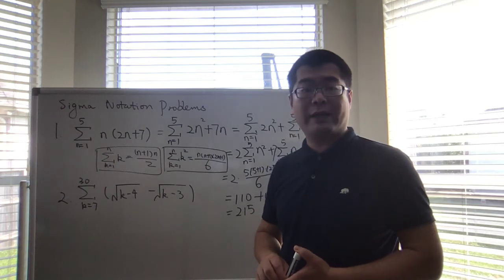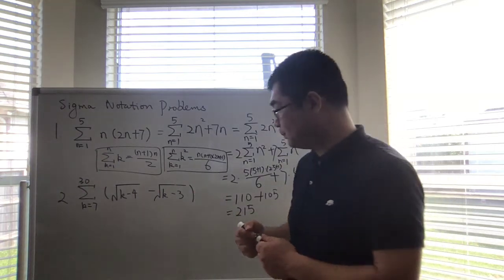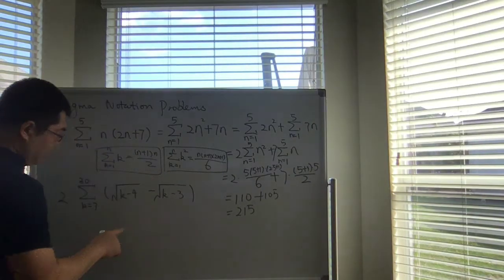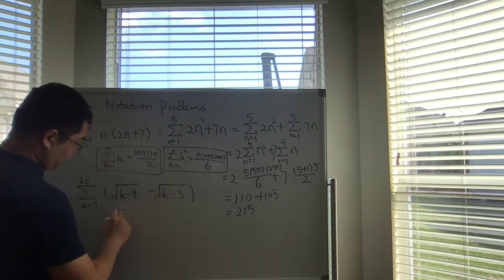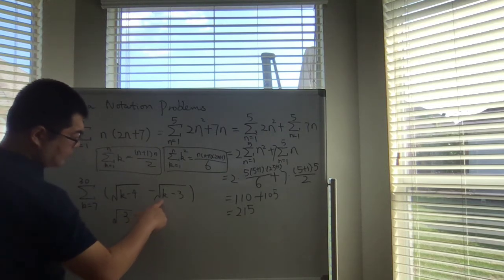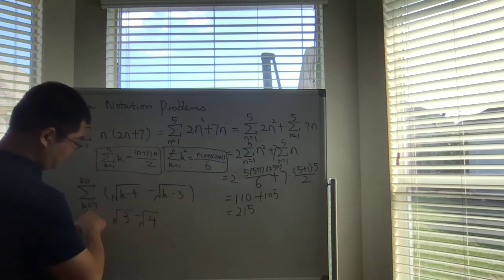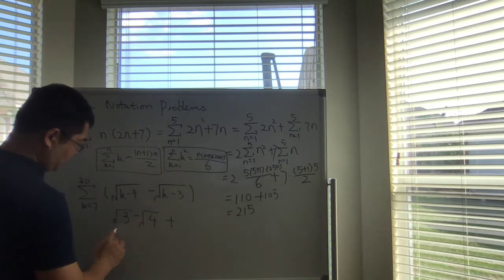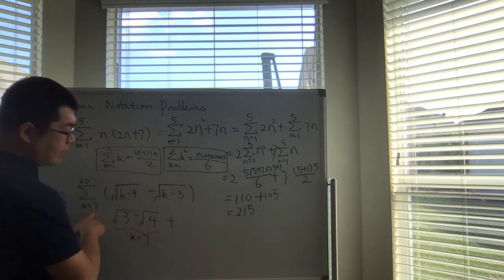Okay, so we write it out. Let's take a look here. When k equals 7, you have square root of 7 minus 4 is 3, minus square root of 7 minus 3, which is 4. So this is when k equals 7. Let's see when k equals 8.